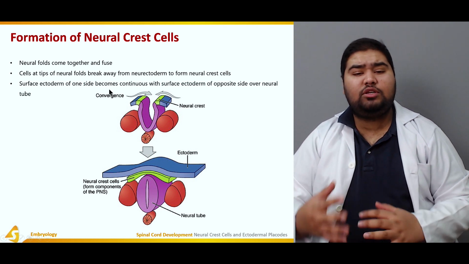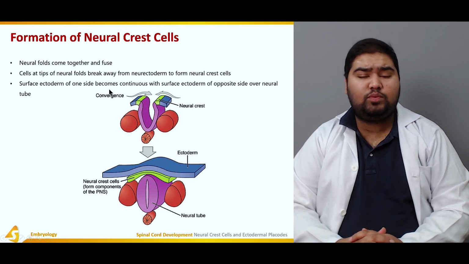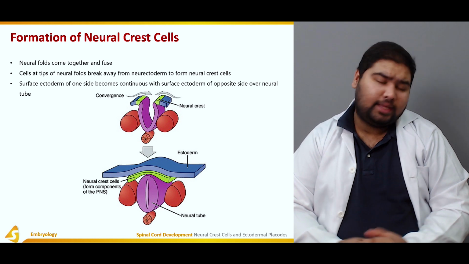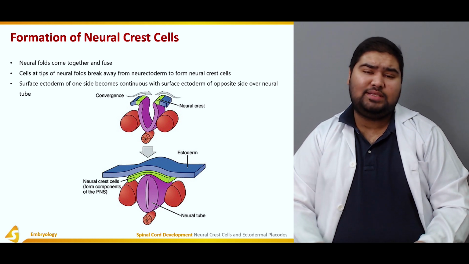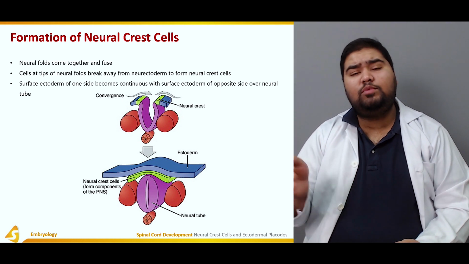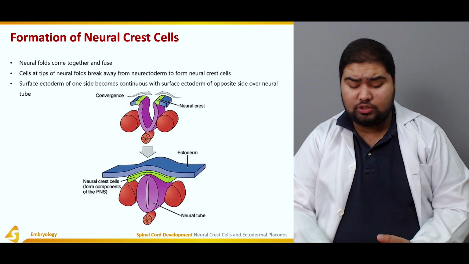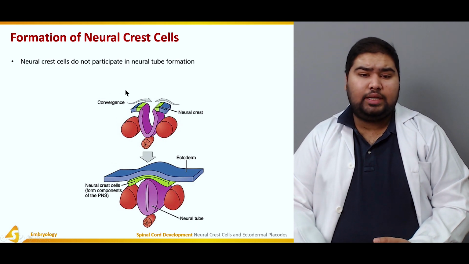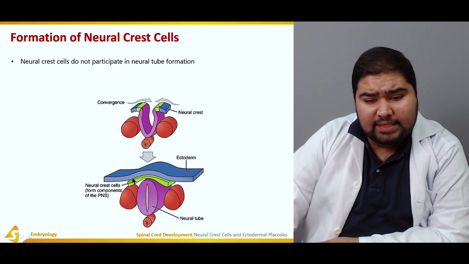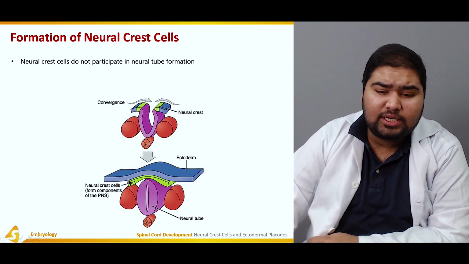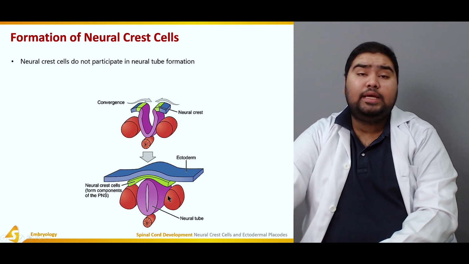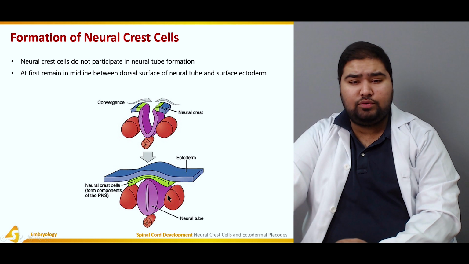The surface ectoderm of one side becomes continuous with the surface ectoderm of the other side over the neural tube, as is pretty obvious since there's convergence of the neural folds. Now here you can see the neural crest cells come to lie just above the neural tube, hence they do not participate in the formation of the neural tube.